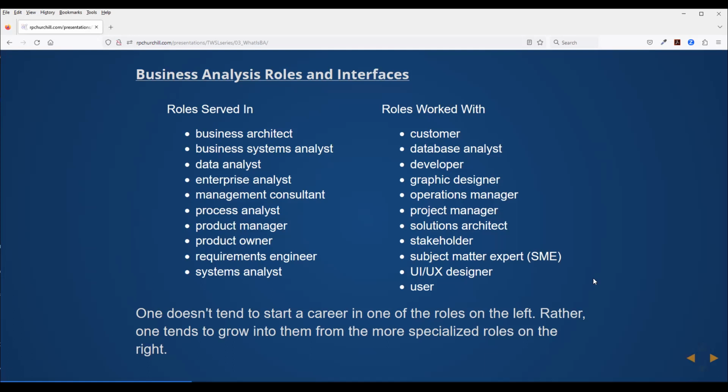But in general, you start from one of the roles on the right side, and then you move to the ones on the left. And I need to reverse the text on that total brain part there. Yeah, that's really bizarre how I did that.